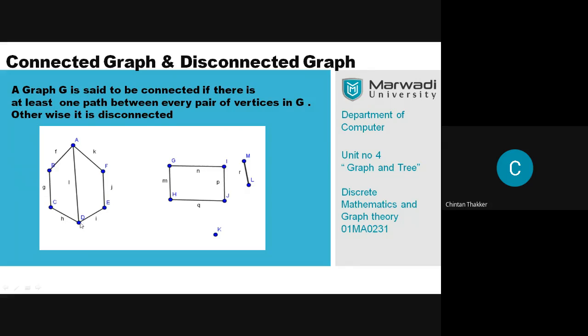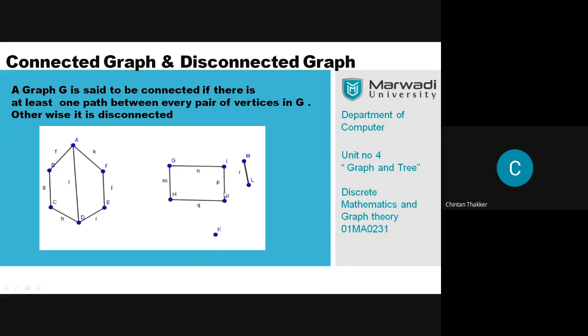If we want to find a path between B and E, we can go from B, G, C, H, D, I, E. Or you can find B, F, A, L, D, I, E. You can find it this way also. So here you have a path between any two vertices. So this graph is called a connected graph.